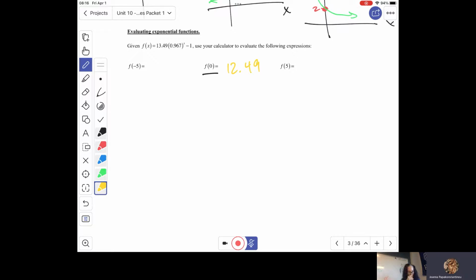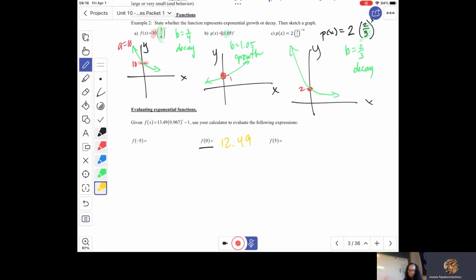Anybody get them? Function evaluated at -5. How are you doing this? Are you looking at the table? Are you entering this into the y equals and then looking at the table?